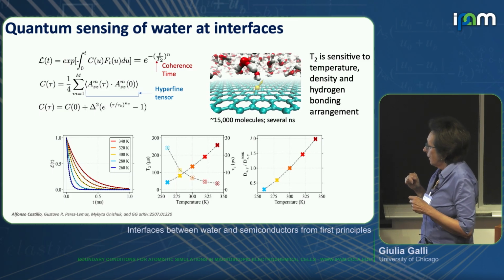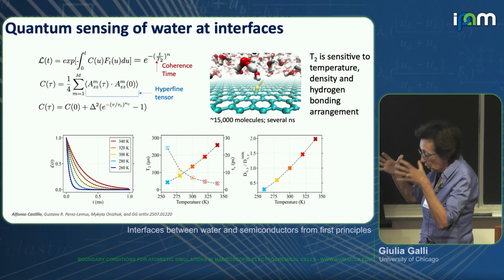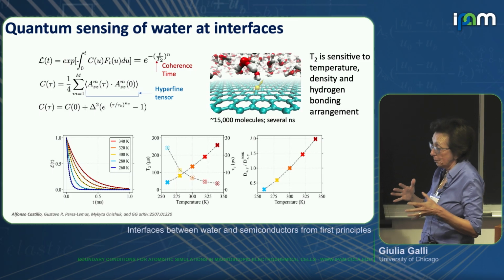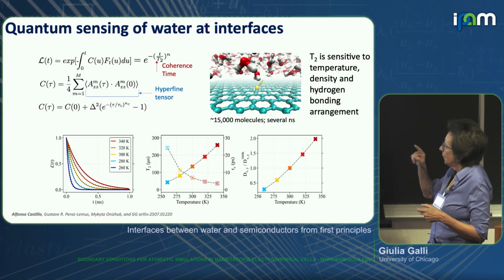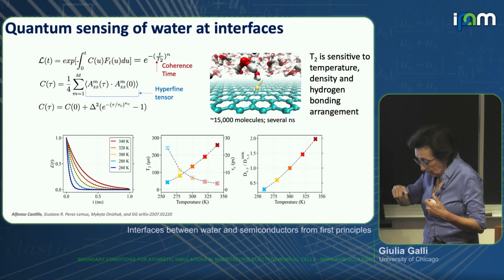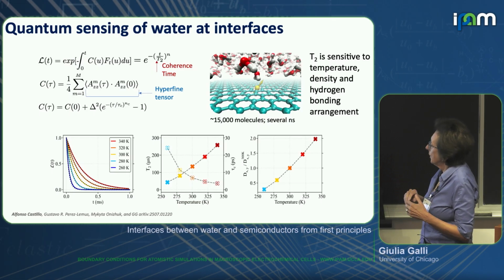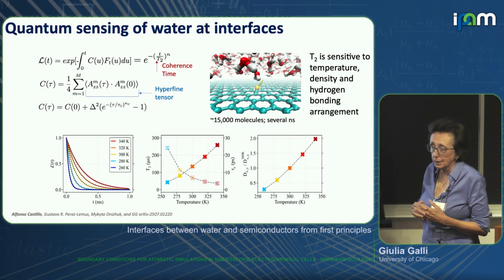There are reasons to approximate this by a Hamiltonian that is mostly determined by the hyperfine constant. If you compute the hyperfine constant in a region, and compute the correlation function of this hyperfine constant, you can get a coherence time.